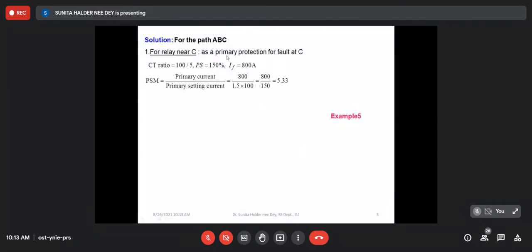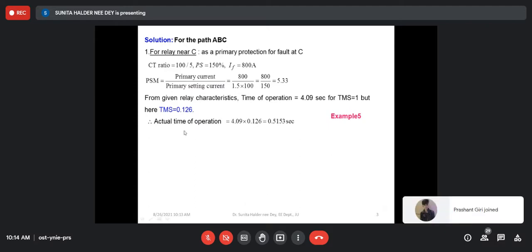So from the relay current, fault current calculated, plug setting available, and CT ratio available, we can calculate the plug setting multiplier. Similarly, from the plug setting multiplier, from the characteristics, we can find out the time setting. But here the time setting multiplier is given.